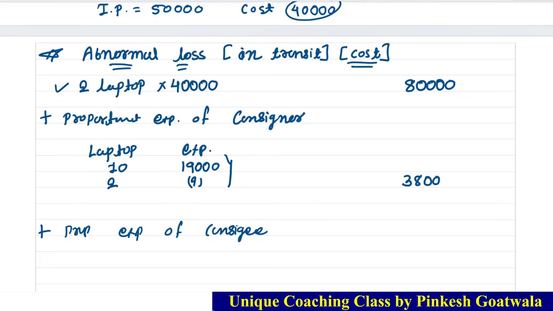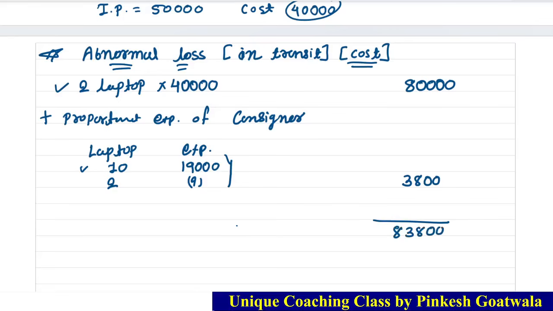Because these expenses are regarding these laptops. This 90,000 expense is for 10 laptops, and 2 of those 10 laptops suffered loss, so we find out the expense for their share and add it. Now why won't consignee's expense be added? Because consignee still didn't do any expense, because it happened on the way, on the road. Otherwise, as per rules, we must add consignee expense, but here no.